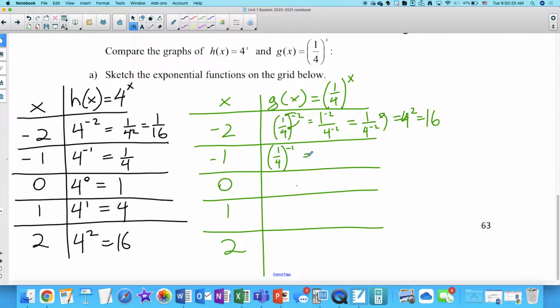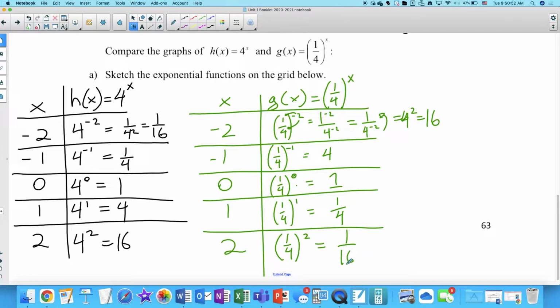So this is equal to 4. What about 1/4 to the 0? That's 1. What about 1/4 to the 1? 1 over 4. And 1/4 squared is 1/16, right. A quarter times a quarter is 1/16.